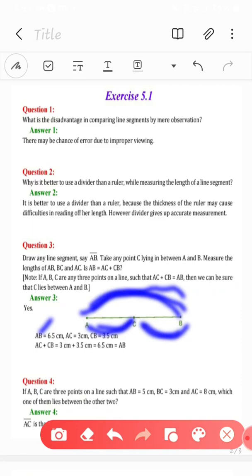Yes or no? If a part, this AC, is 3 centimeter, then obviously BC will be what? 3.5 centimeter. So yes, it is correct. Okay, now let's move to question number 4.